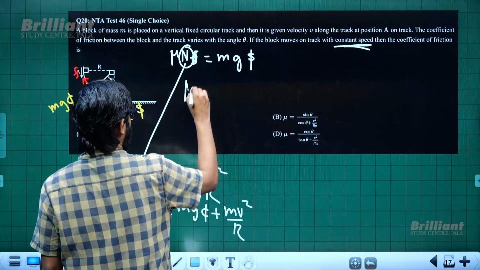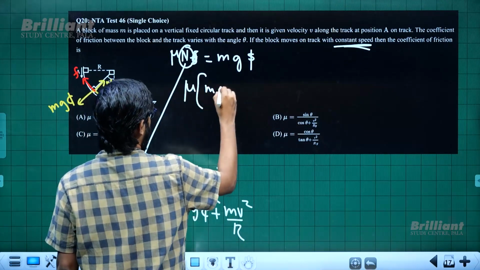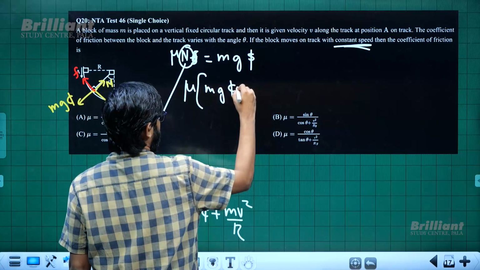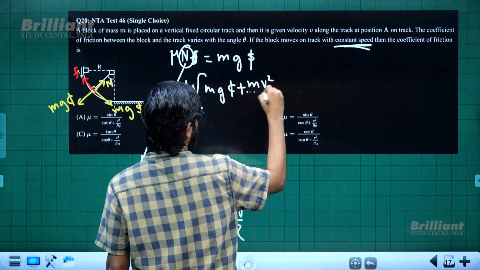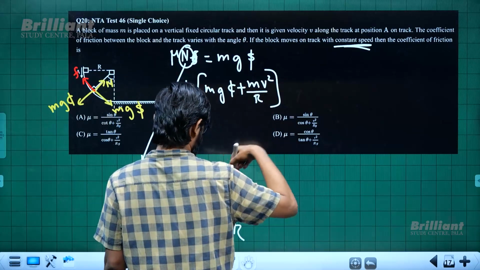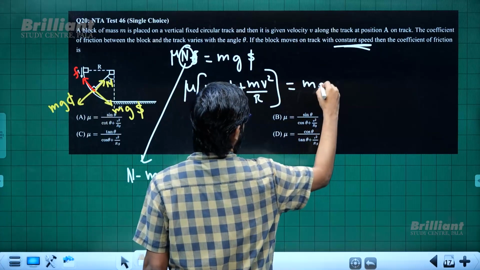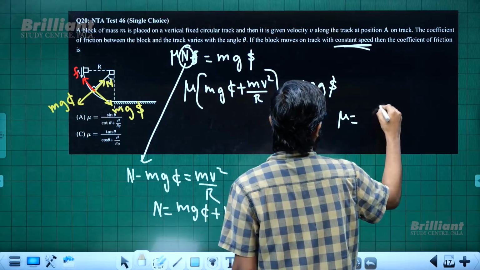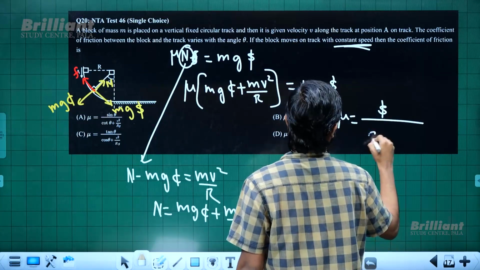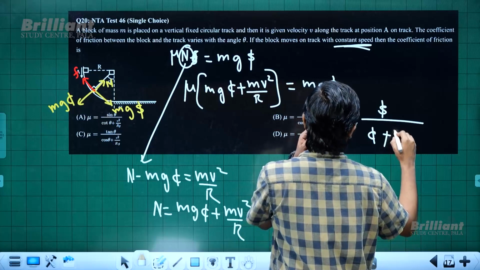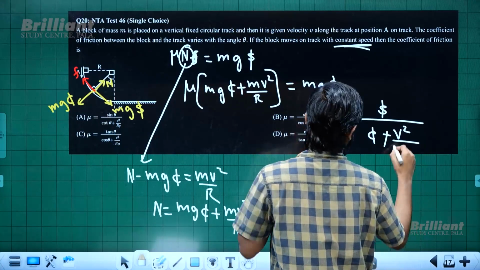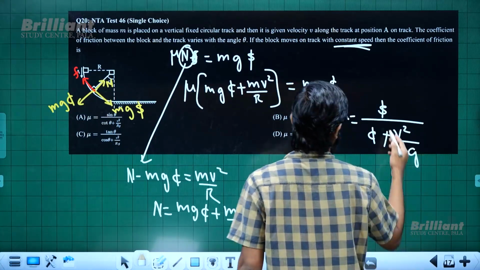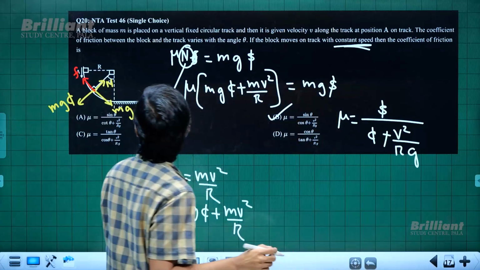Substituting, mu into (mg cos theta plus mv square by r) equals mg sin theta. So mu equals sin theta by cos theta plus v square by r g.